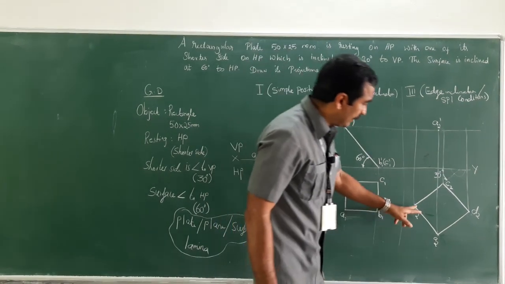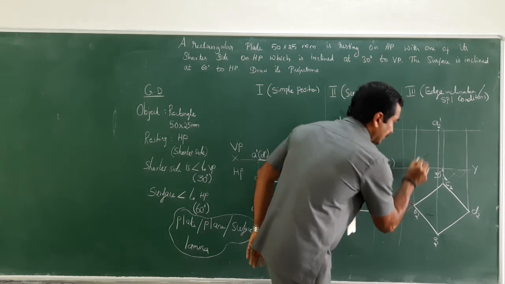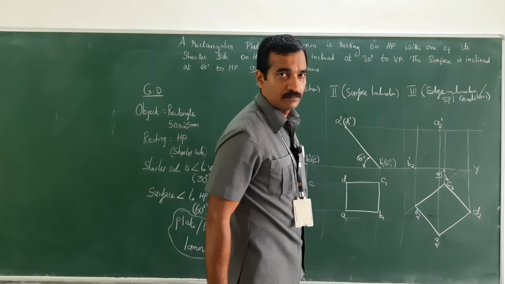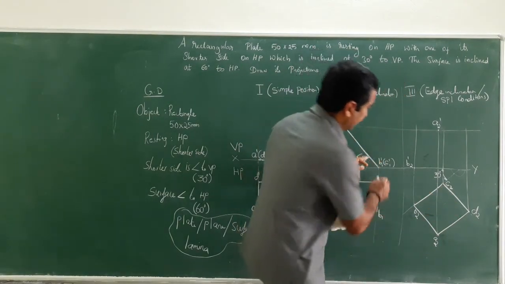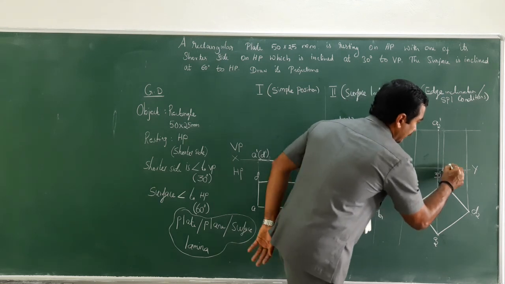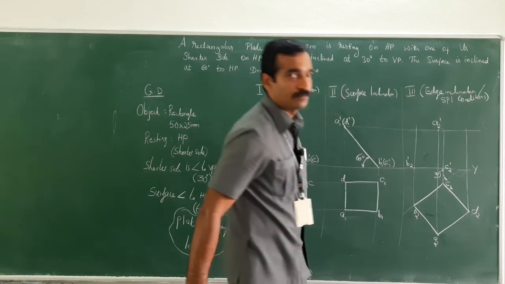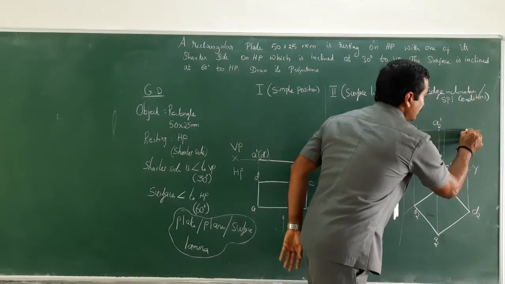Then point B. Point B is here, point B is here. B are intersecting here. So this becomes B2 dash. And C, point C is here and C is here. C are intersecting somewhere here. So this becomes C2 dash. What about D? D is here and D is here. D is intersecting here.